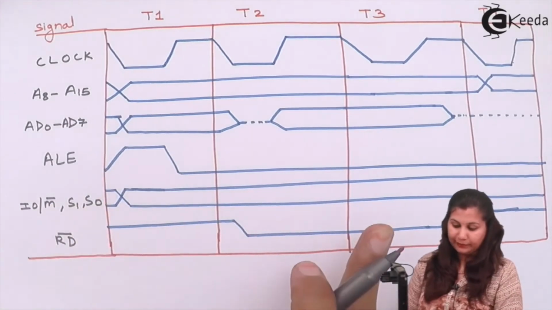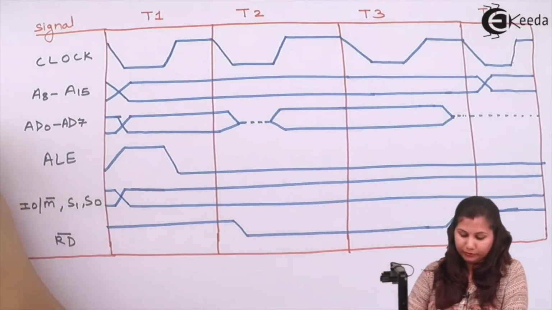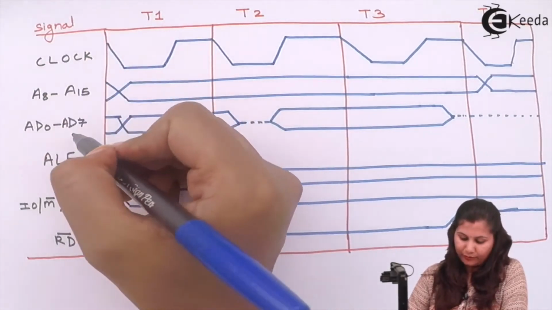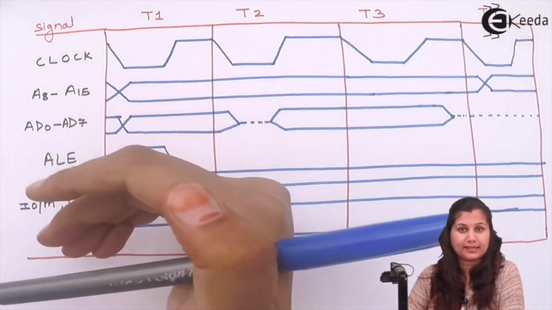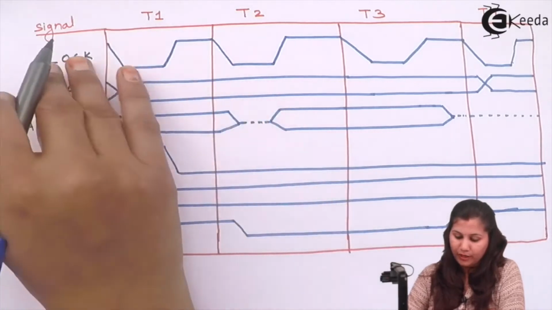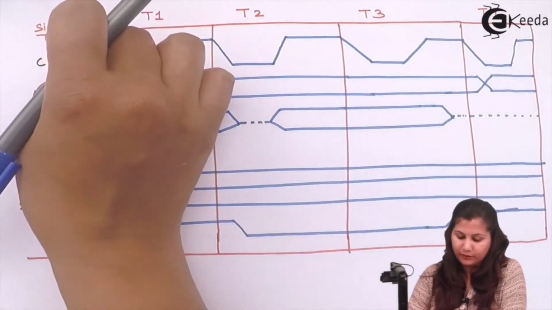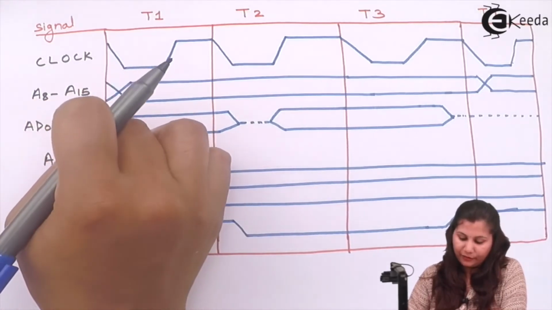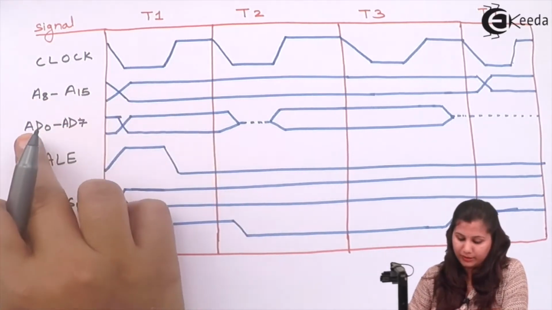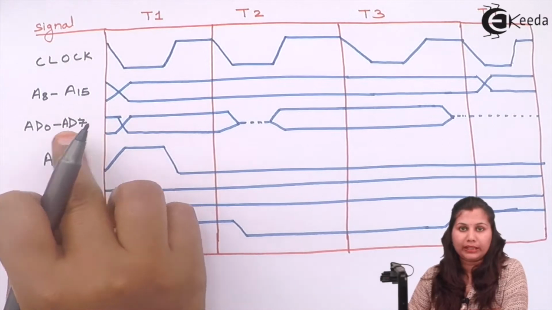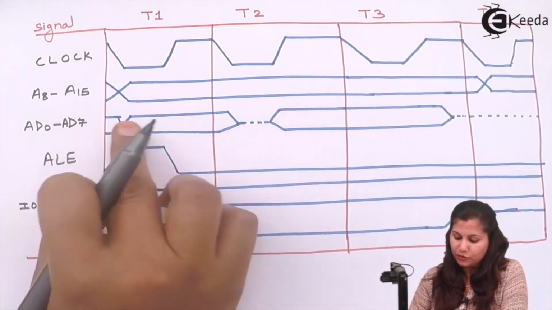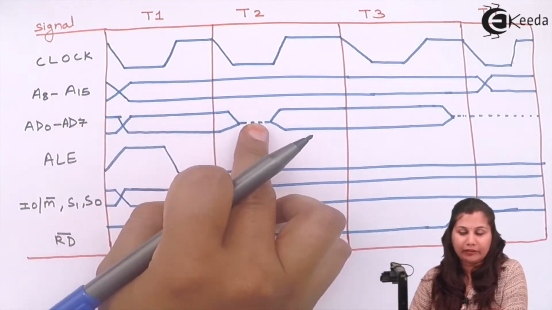So this is the timing diagram of the machine cycle. You can see here that you have 1, 2, 3, 4, 5, 6 signals shown. First is the clock, because one clock is equal to one T state. Then we have the higher order and lower order address bus. You know that the lower order address bus is multiplexed with the data bus, so this shows both the data bus and the address bus.